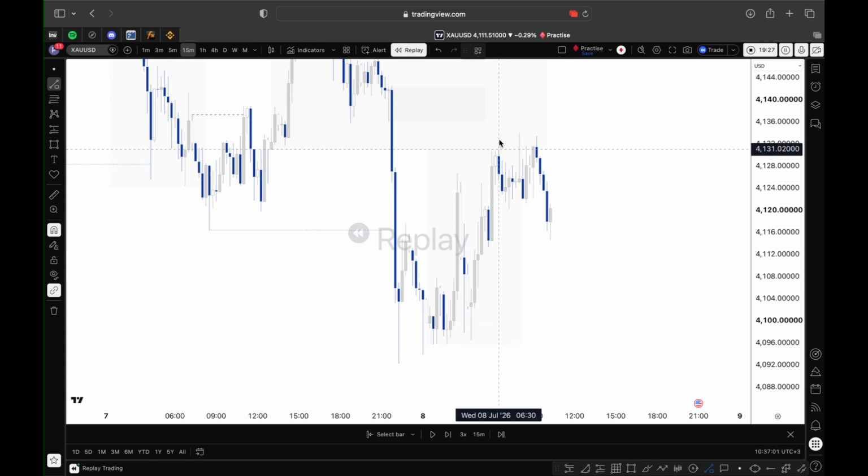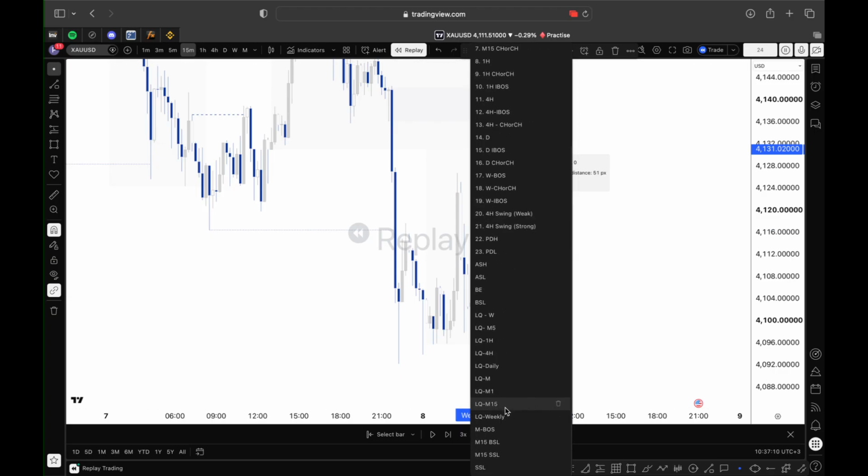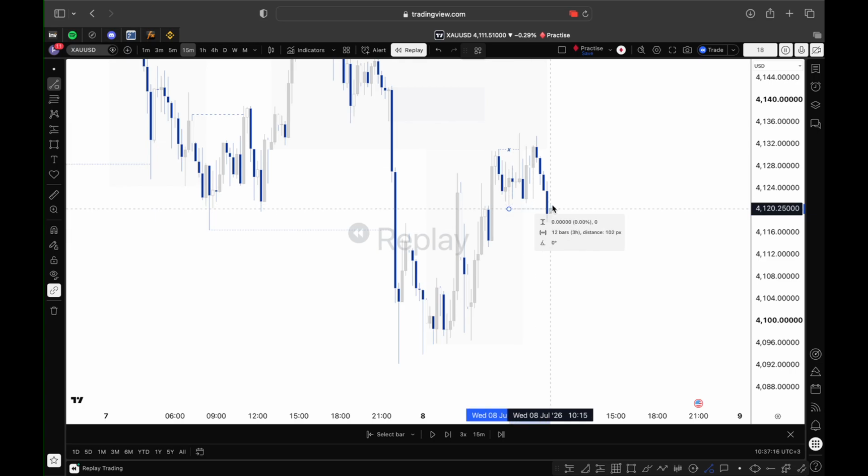So we are coming off the white zone. We are having that sweep there, meaning liquidity is being grabbed past that high, and immediately we are having clear order flow shift.